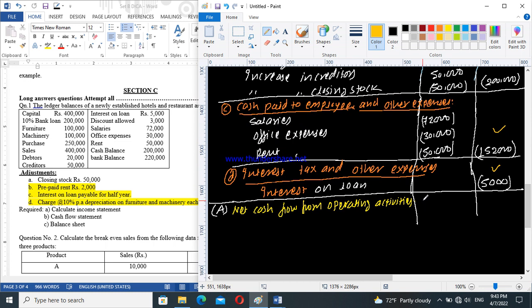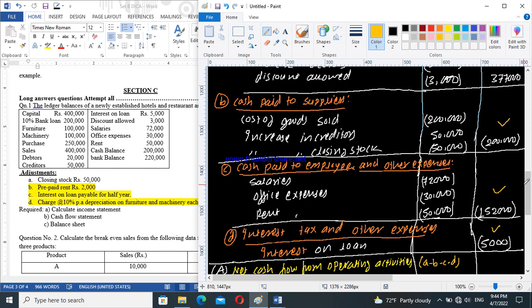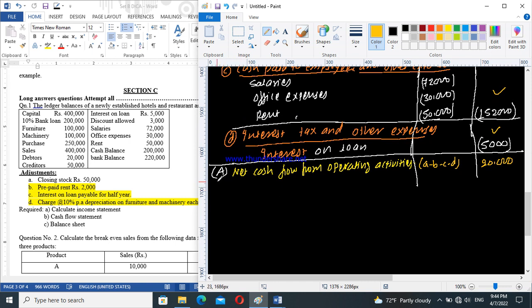Therefore you can write A minus B minus C minus D. Okay, please deduct all information. 377 minus 2 lakh minus 1,52,000 minus 5,000. Okay, the answer is 20,000 positive. The section of cash flow from operating activities is completed.